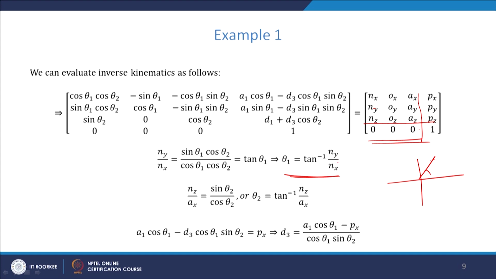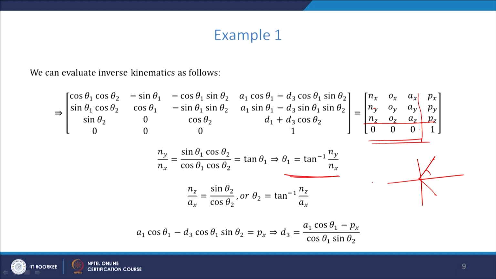If n y is negative and n x is positive, in the fourth quadrant, then we will get the angle to be 360 minus theta, or we can say that minus theta will be the expression. Whatever value we get for tan inverse modulus of n y by n x, with a minus sign we will get the angle, because that number falls in the fourth quadrant.